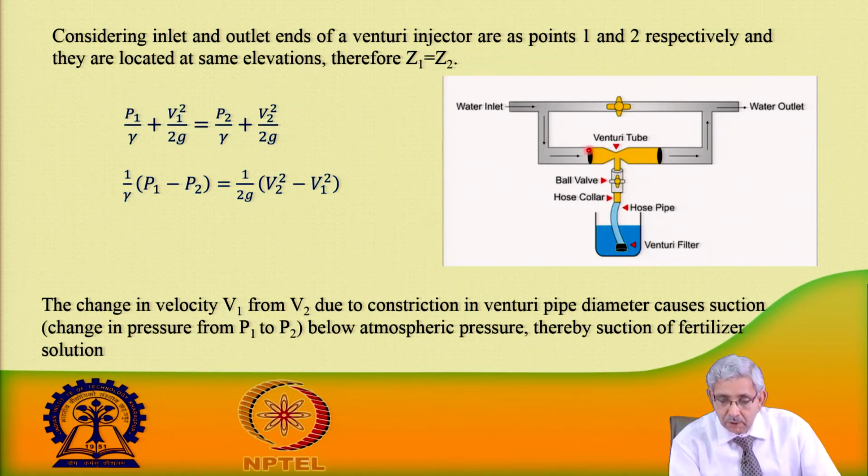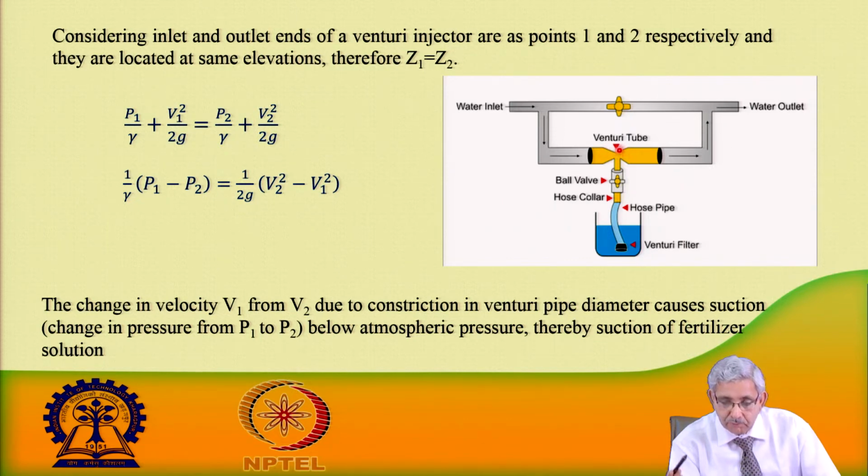Here P1 is the pressure head at the inlet end, and V1 is the velocity head.